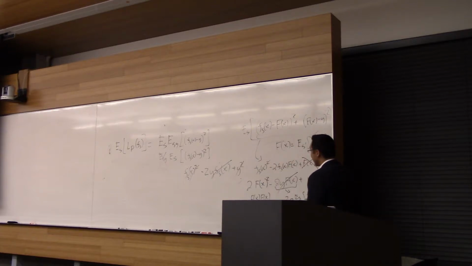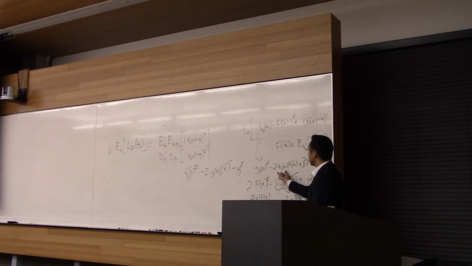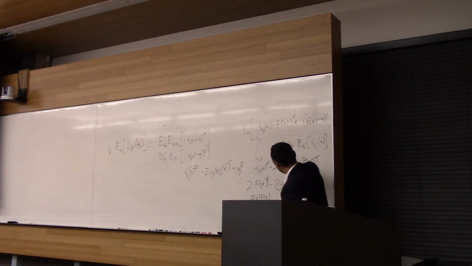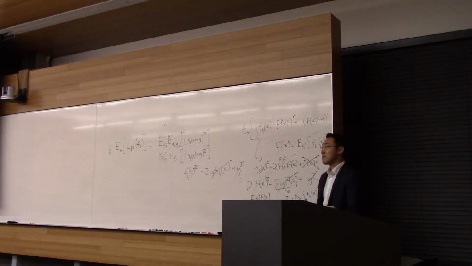And the only thing now is to show that these two things negate each other. Again, by linearity of expectation, I can move this expectation in and out of here. So there's an expectation over s outside, and by linearity of expectation, I could just manipulate it until it's exactly f of x by moving the expectation inside, and these two negate each other. And we're done.